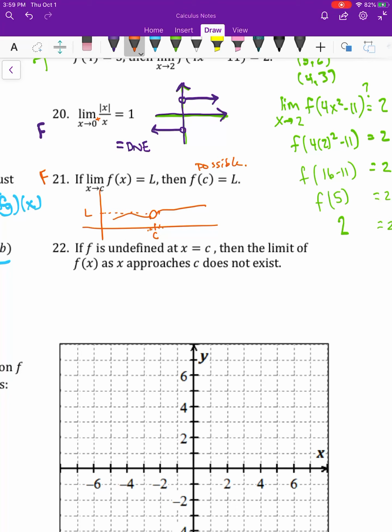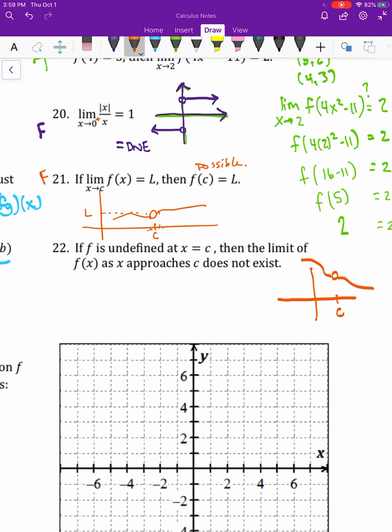If f is undefined at x equals c, then the limit of f of x as x approaches c does not exist. Okay, so if f is undefined at x equals c, it didn't say what kind of undefined. Could be an open circle, right? Could be something like that.